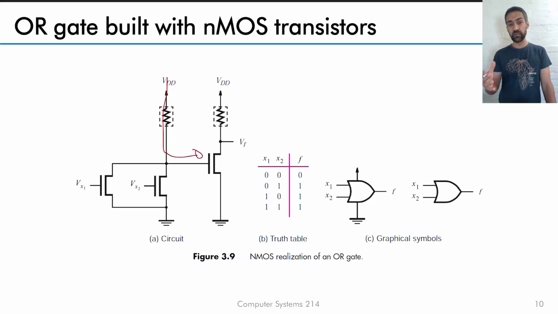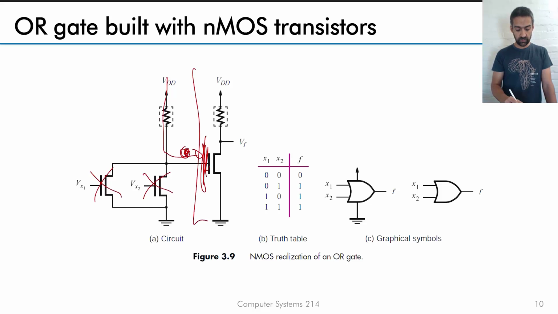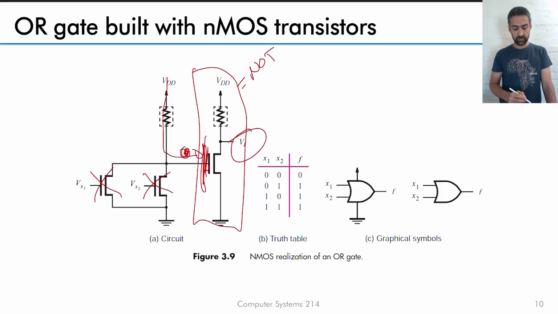That current is virtually 0. So if there's no current flowing here, no current flowing here, this presents a high impedance, so whatever this voltage level is will then be taken by this NOT gate. So this is essentially a NOT gate. It'll be taken by this NOT gate and output here.